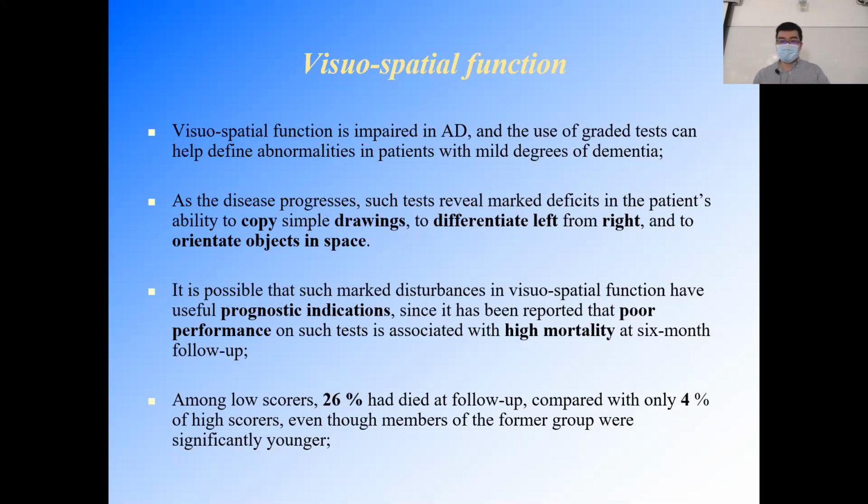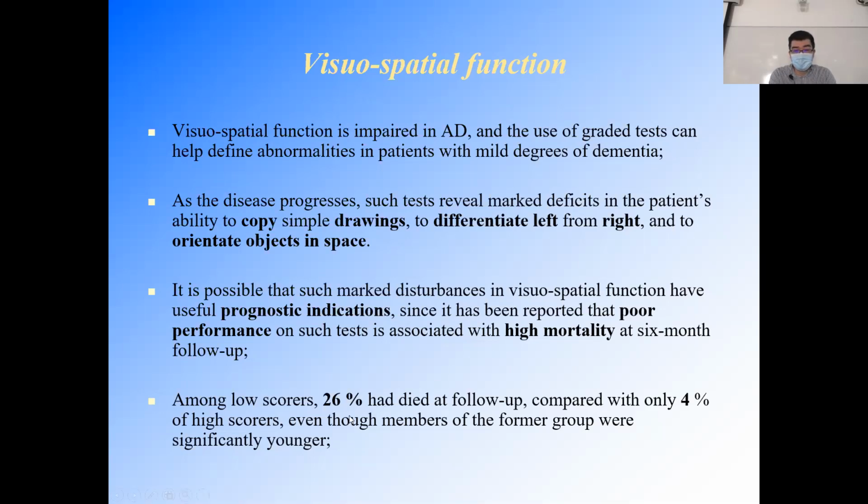It is a drawing of a clock. Now, it is another way to diagnose how serious the patient's disease is. Okay, if they perform poorly in the test, they will have a higher mortality rate, because that also indicates how serious or progressive the disease is.